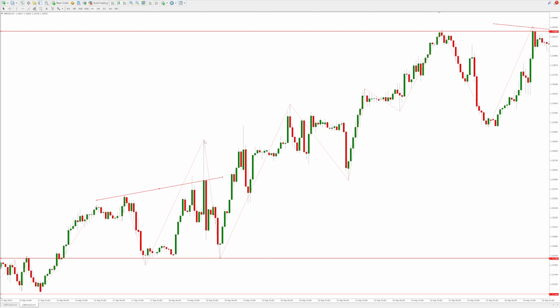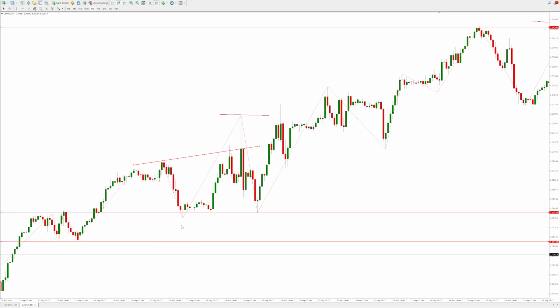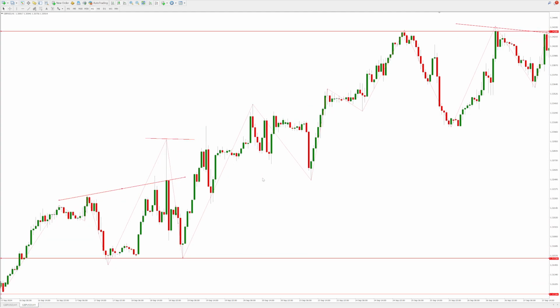I mean, it's going by the wicks, so for me I'm not taking that as that particular point of resistance. I'm looking more at what's happening around here. Okay. That being said, this is real choppy price action anyway, so not an ideal place to look for a trade.